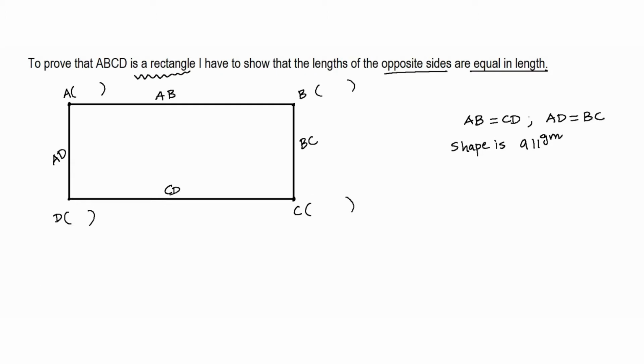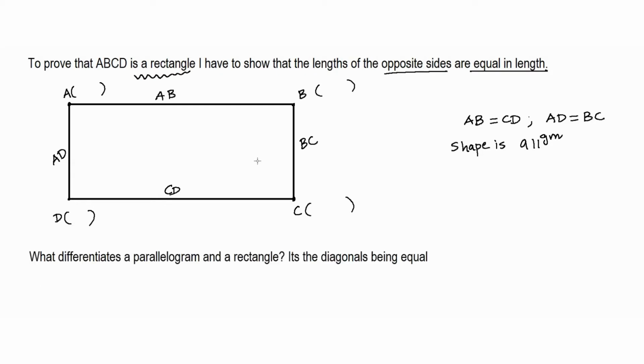So now I have to think about what differentiates a parallelogram and a rectangle. If you think about it, the difference is that in a rectangle the diagonals are equal. So I should also find the length of AC and the length of BD.